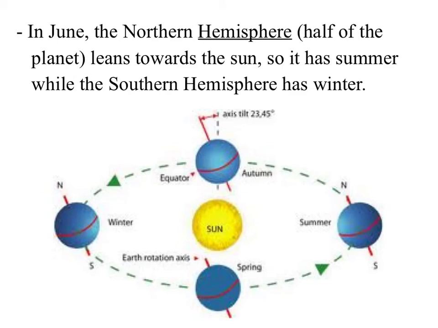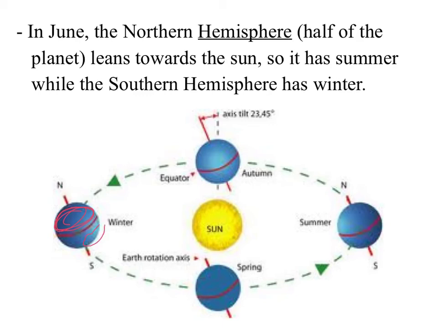And this means that there are certain times, like say June, where the Northern Hemisphere, that half of the planet, I think you know that word, leans toward the sun and it has summer while the Southern Hemisphere has winter. Like in the last slide we saw over here, the Northern Hemisphere has winter because it's kind of tilted away from the sun.